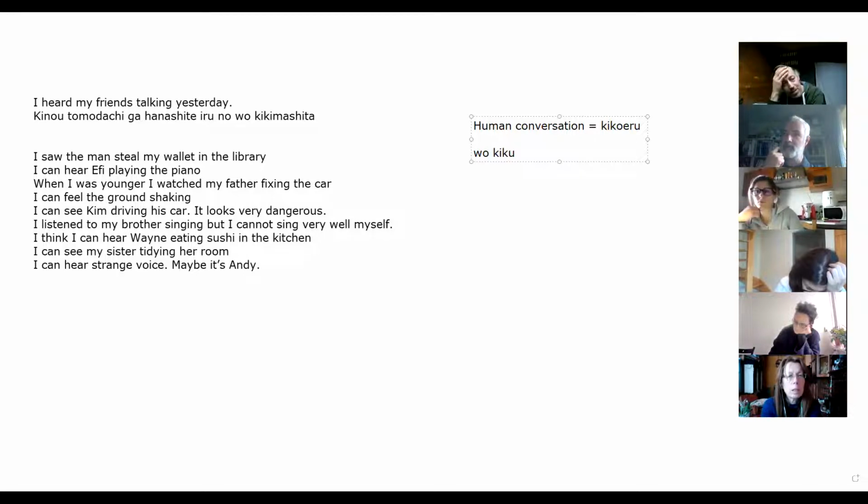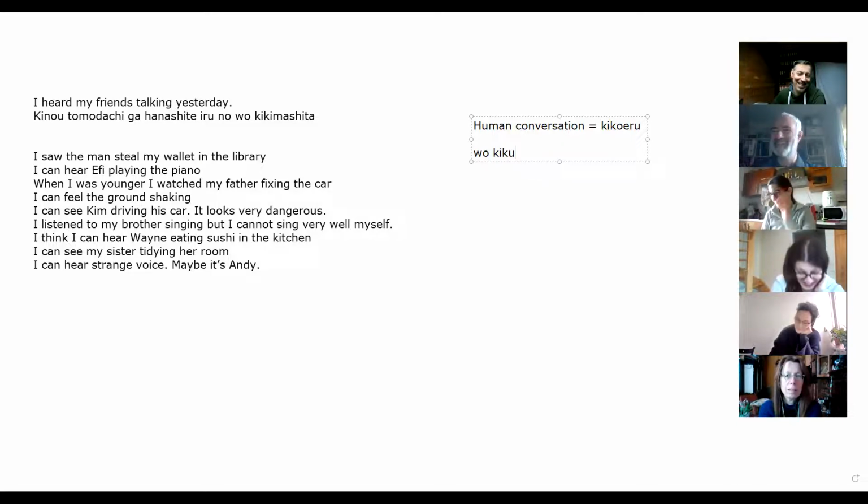If it's dog conversation, if you can understand it, then you can still use kiku. If it's cat conversation, I don't believe you can understand that because they speak in secret ways that humans can't understand. If it's hamster conversation, why are you guys still writing stuff down? This is a joke.